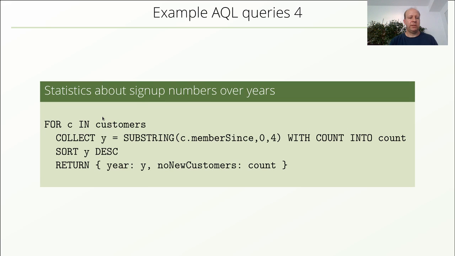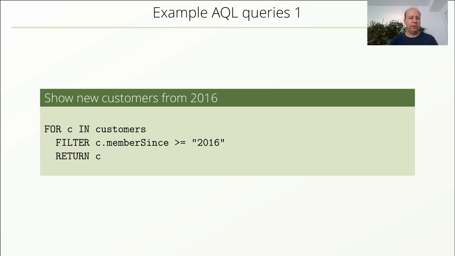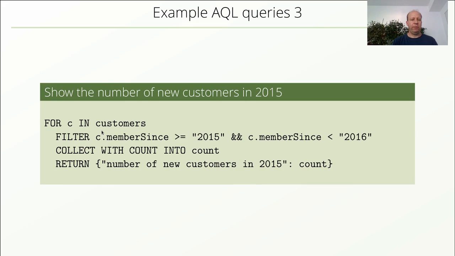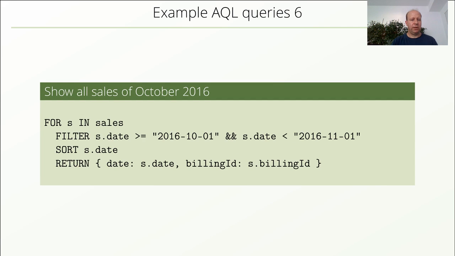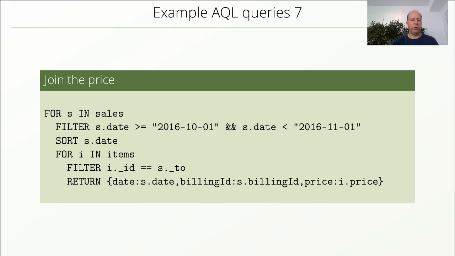If you just filter on ID, if you would replace this filter statement by a filter c._id is equal to something, then the query optimizer behind the scenes would just do a key value lookup. And if you think about it, what such a join operation does, where is it? Here's one.